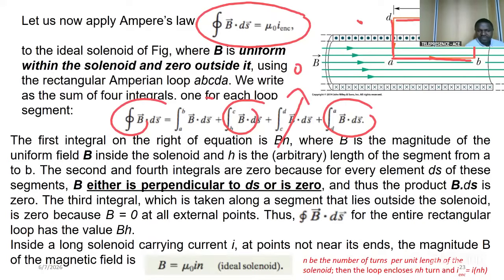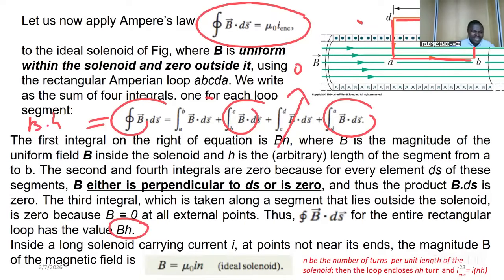So from there, we are left with the first one. If we integrate A to B, which is equal to h, we are going to have BH. Thus the integral of B dot ds for the entire rectangle is equal to B times h.